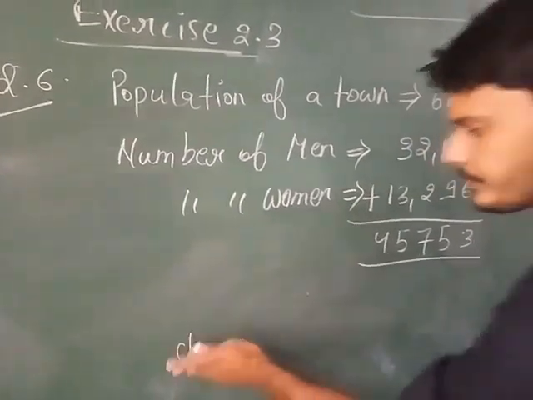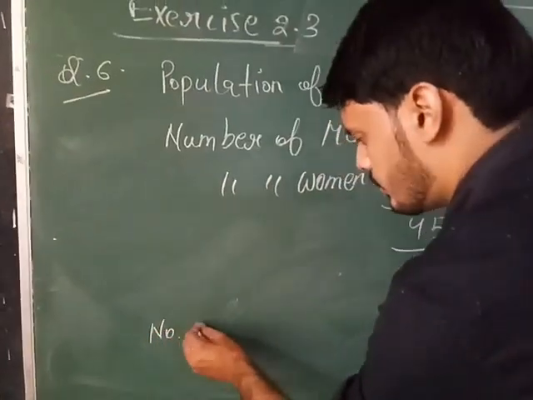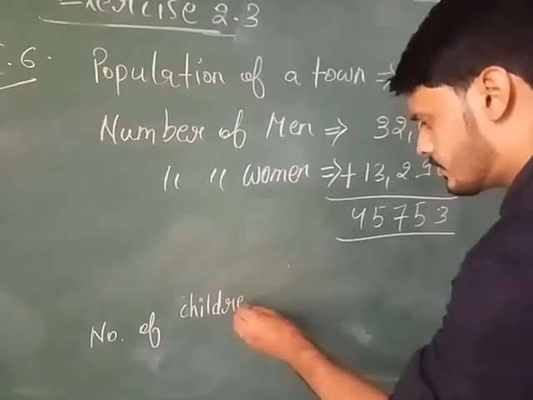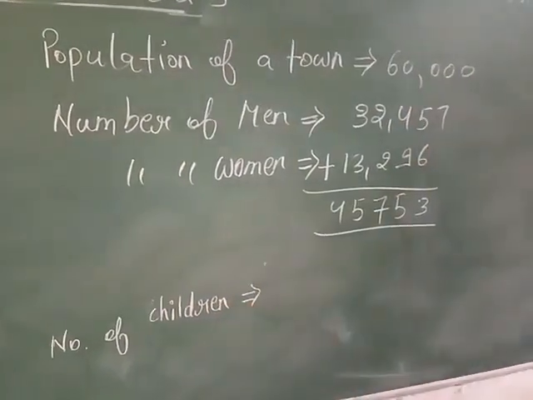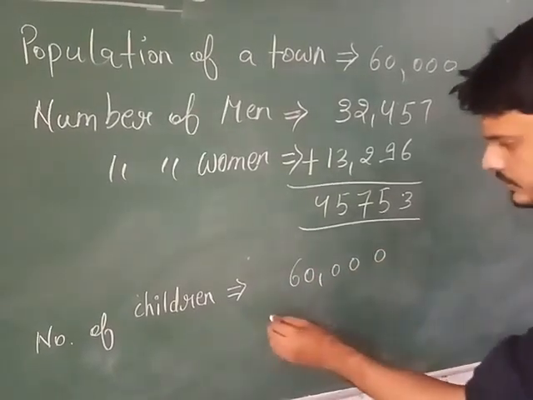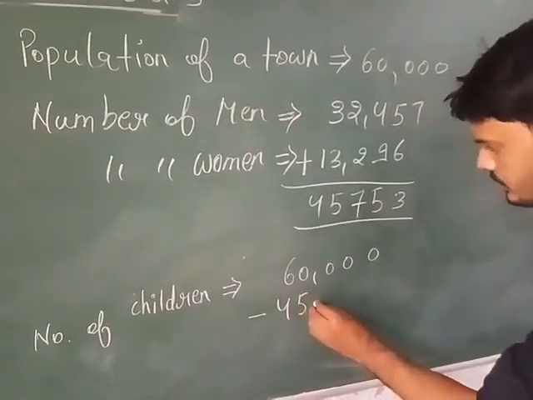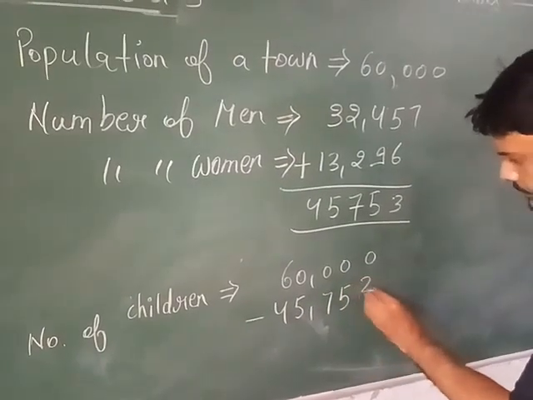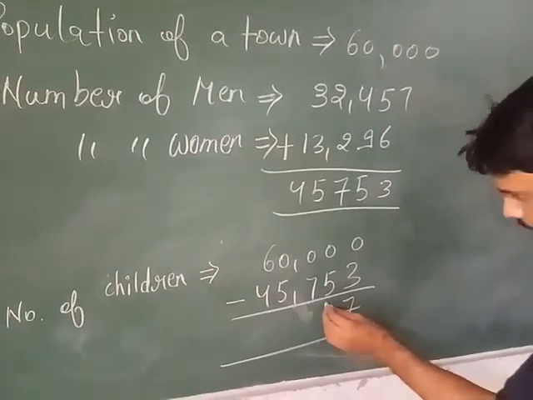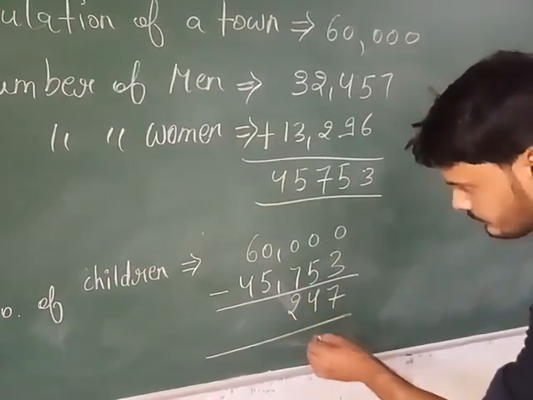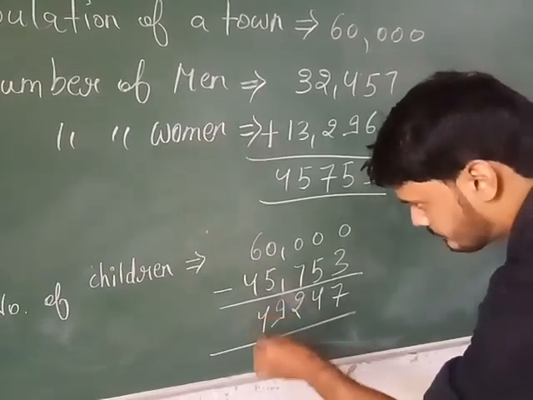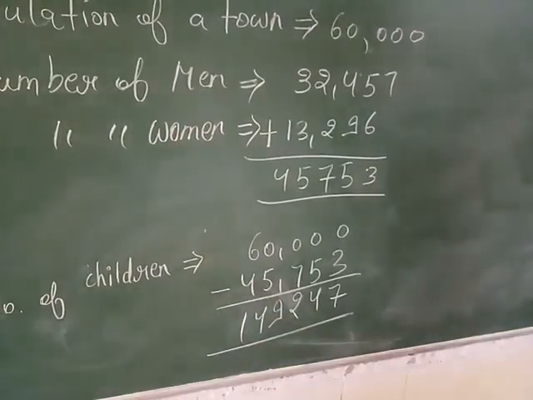The number of children will be 60,000 minus 45,753. This is 14,000.